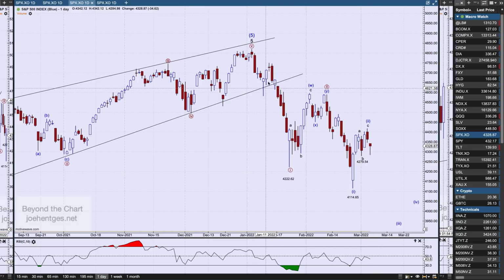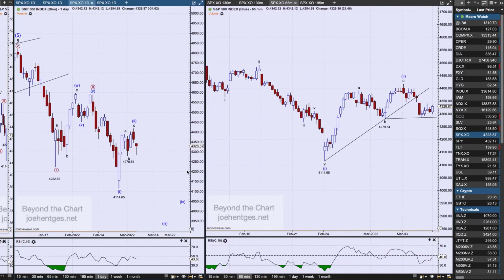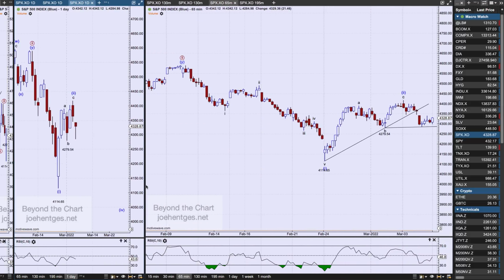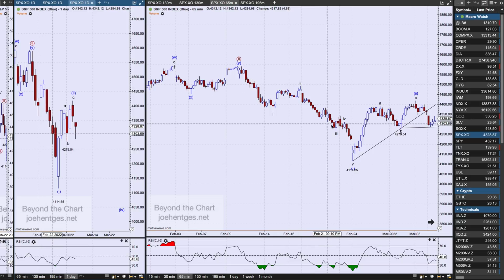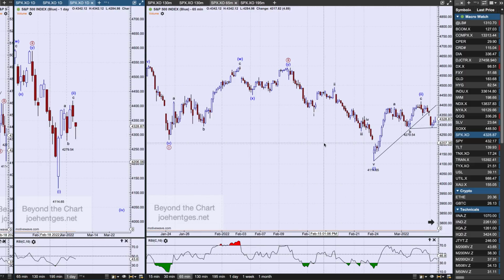Now, if you look at this on a daily, you kind of sit back and say, well, it just looks like a three-wave move initially, but when you drill down and take a look at an hourly and even the 130-minute, you see what was happening in terms of the wave structure. We did get a little sideways wave 4 and then a final downdraft fifth wave for a 5-wave move down.